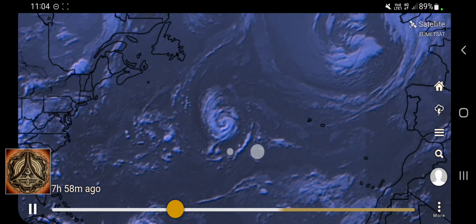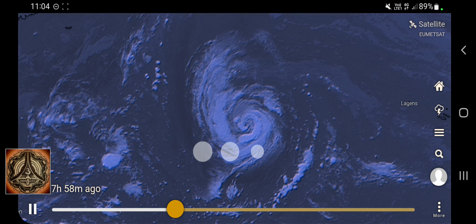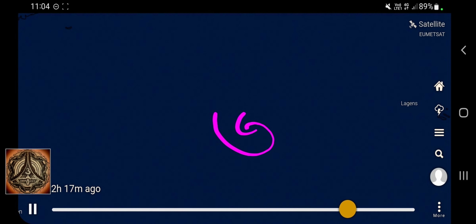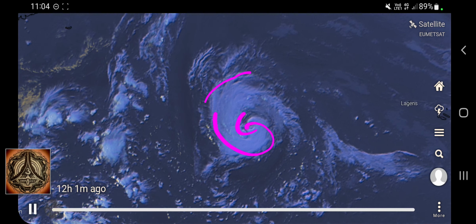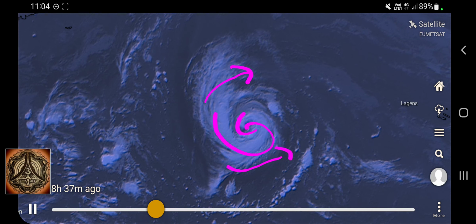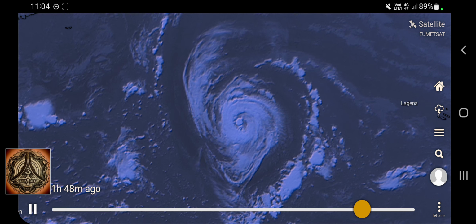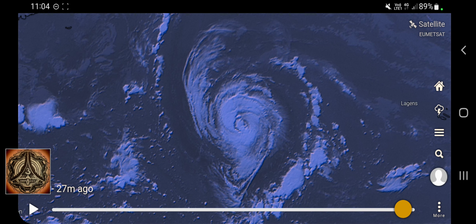If we go back to our storm system here and zoom in, you notice this rotation. But if you look closely, you can see that there is also opposite direction movement going on, counterclockwise. Because it's a Birkeland current. Birkeland currents are made of different, how to put it, shells. One will spin this way, one will spin this way, and the other one will spin again the other way around.